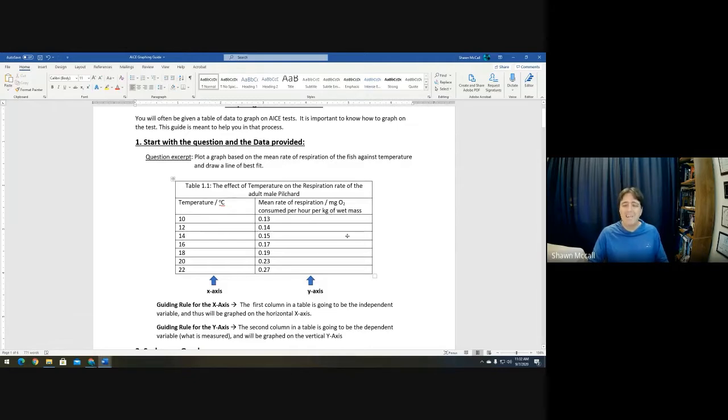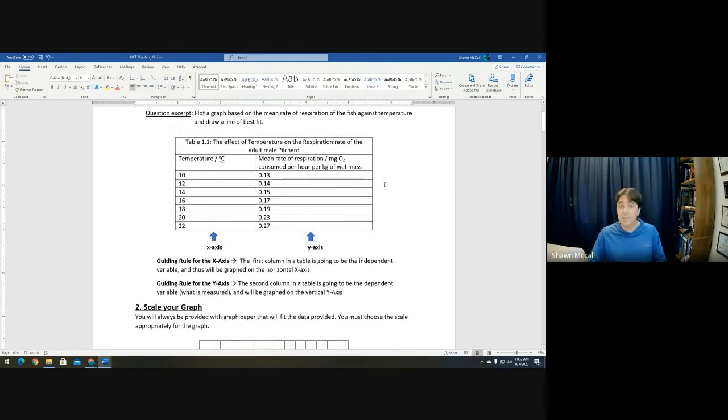Now, when you're looking at a table that you have been given, you can dissect it in a couple of ways. And here's two good guiding rules to determine what data sets are going to go on which axis of your graph. For the x-axis, the guiding rule is the first column in a table is going to be the independent variable, and thus will be graphed on the horizontal axis. Okay. And then the y-axis is generally going to be the second column, and that's going to be the dependent variable.